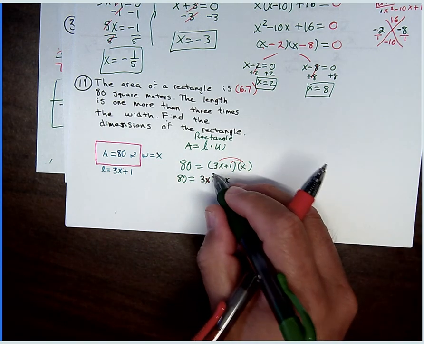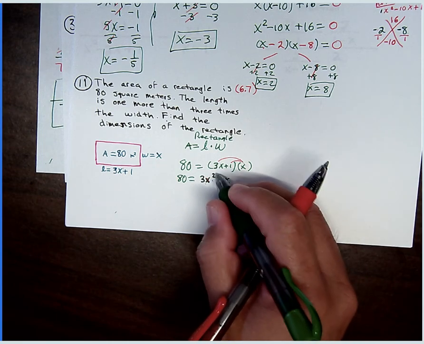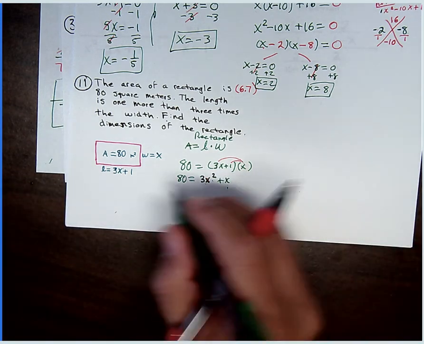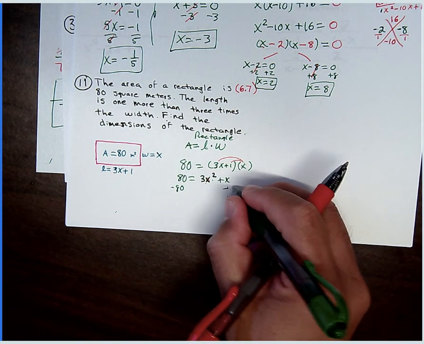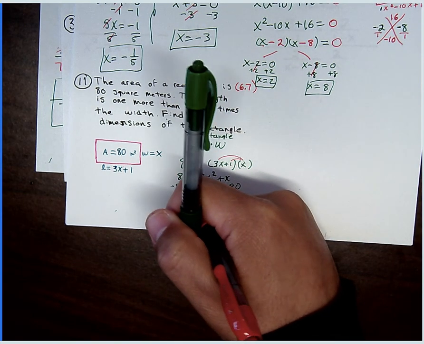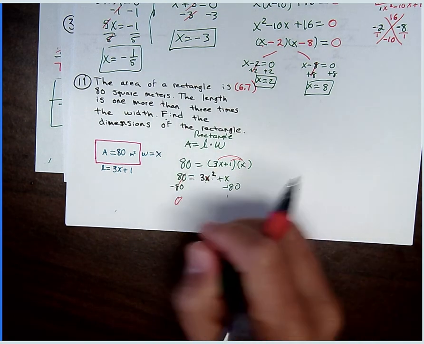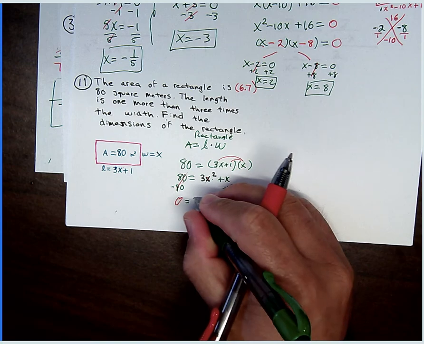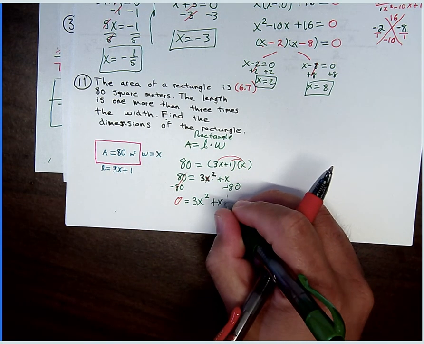So 3x squared, right? 3x times x gives me 3x squared, and then 1 times x is x. And then from here, you bring everything to one side. So this cancels. So now you have a 0 here. So 3x squared plus x minus 80.